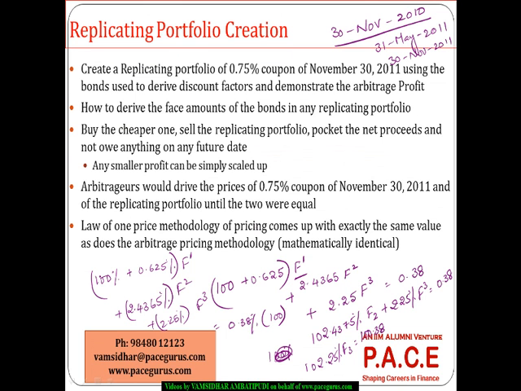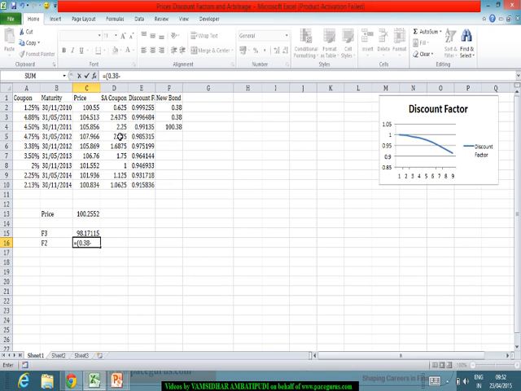F2 is 0.38 minus, I will have to subtract 2.25% times F3 because F3 is already known.